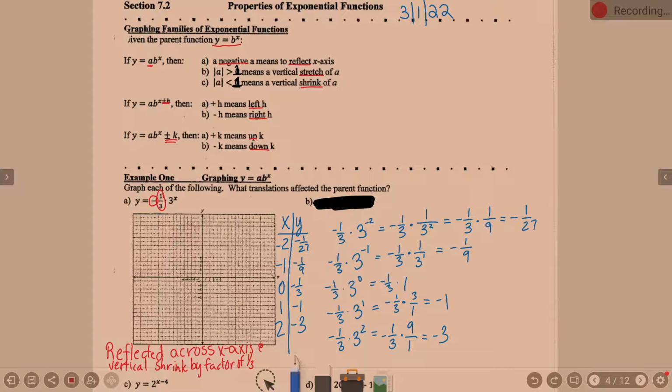What's going to happen when we reflect it? Instead of being above the x-axis, it's going to be below the x-axis. So as we go through and do this, yes, it's going to be below the x-axis. So where is -2, -1/27?